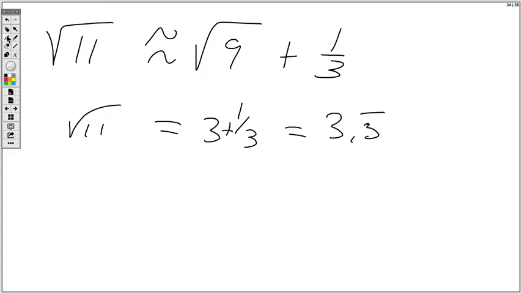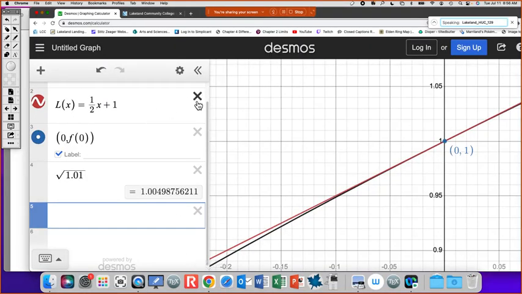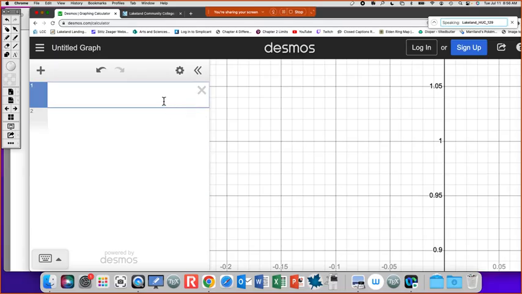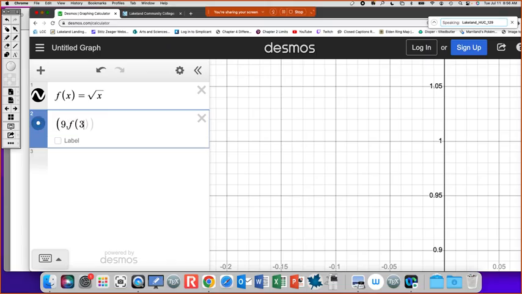So let's fire up Desmos and make sure we're all good with what's happening here. I'm going to type in the f of x. Oops. There we go. We're going to look at the point 9 comma f of 9, which is 3, but we'll do it anyway.